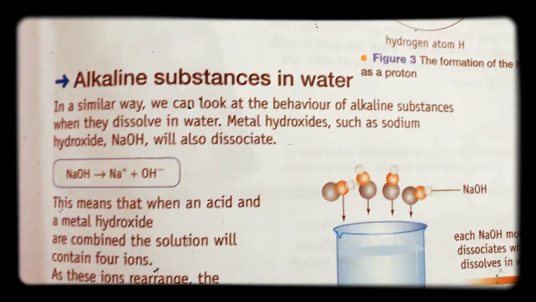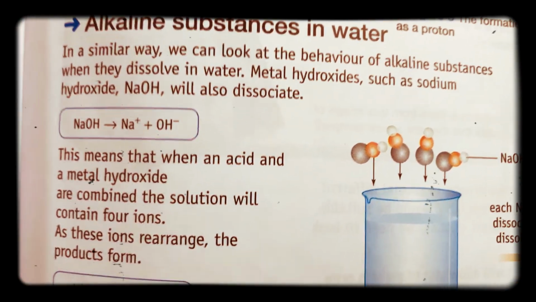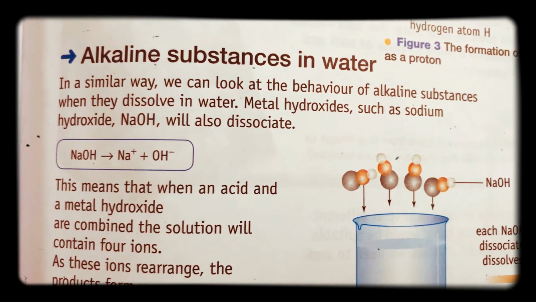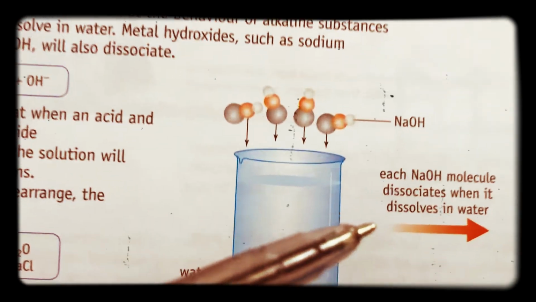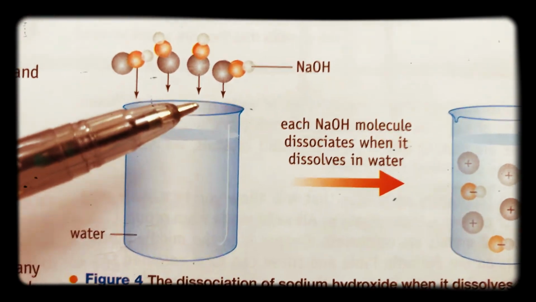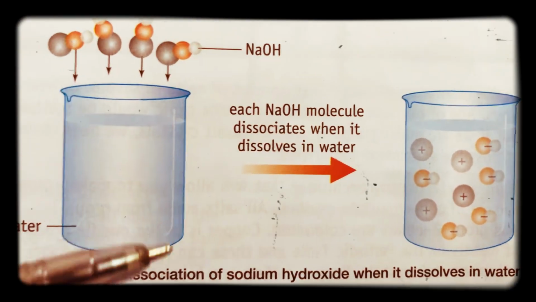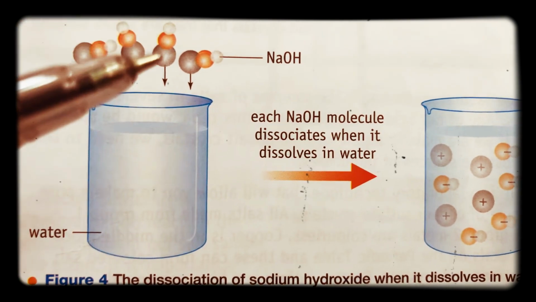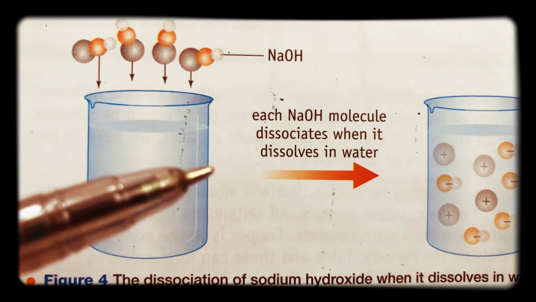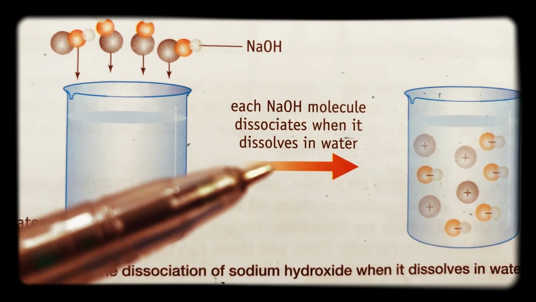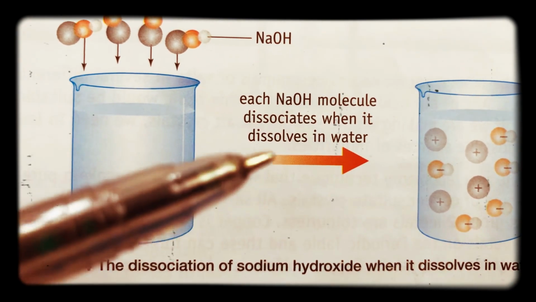Now, what we're now going to talk about is alkaline substances. So alkaline substances, in a very similar way, dissociate. So here is sodium hydroxide. It is a very strong alkali, okay, very high pH. When you have sodium hydroxide as a substance dissolved in water, each sodium hydroxide molecule will dissociate when it dissolves in water.